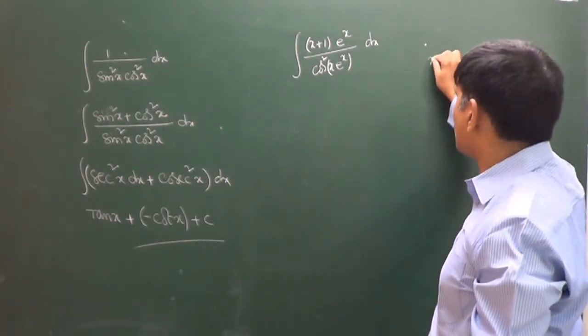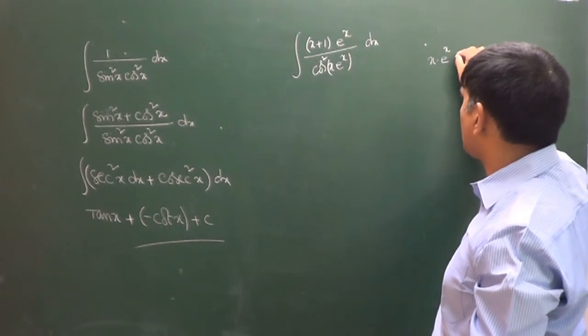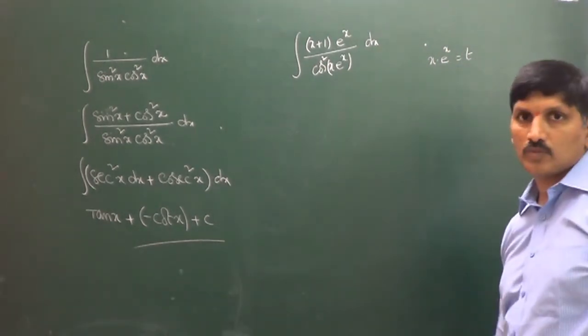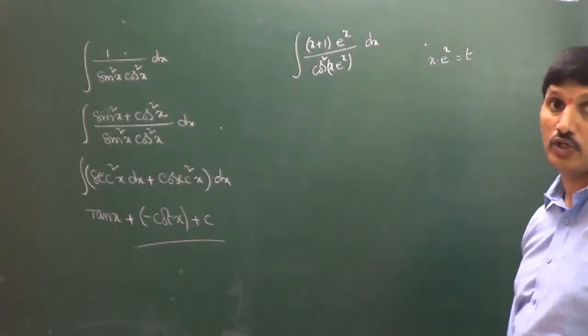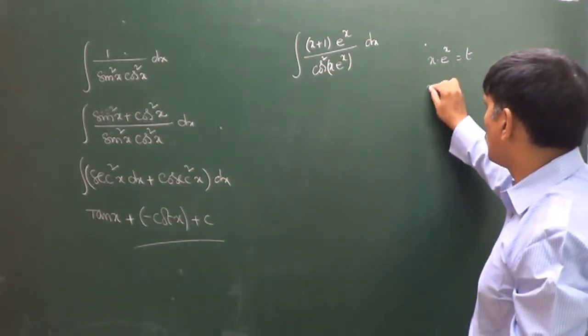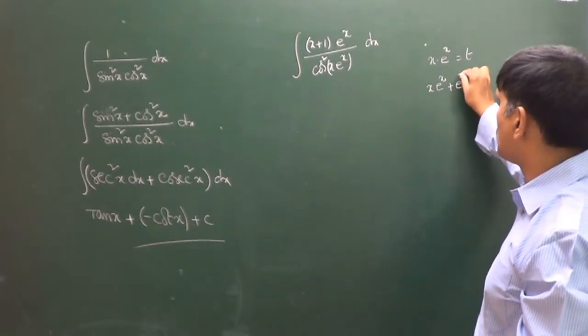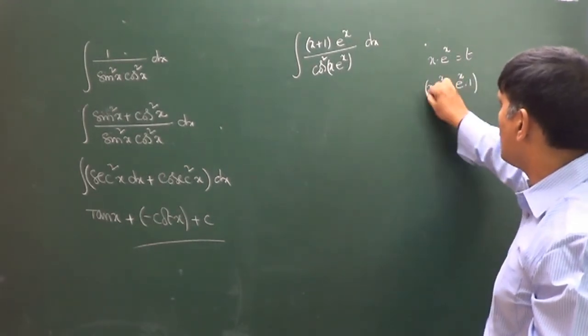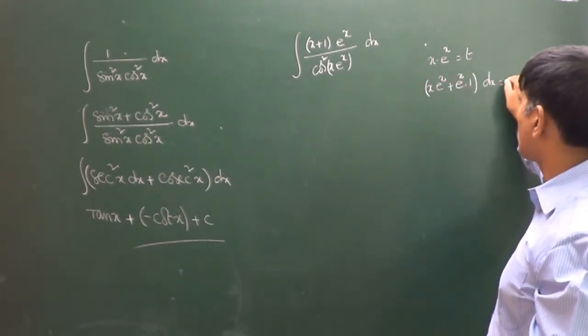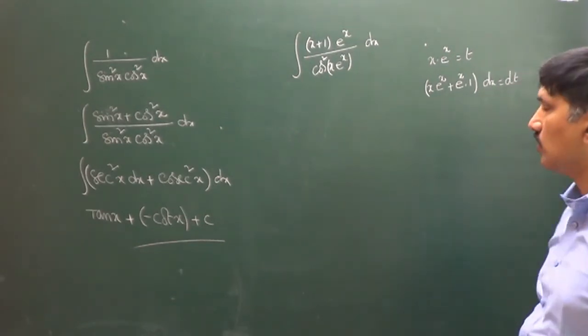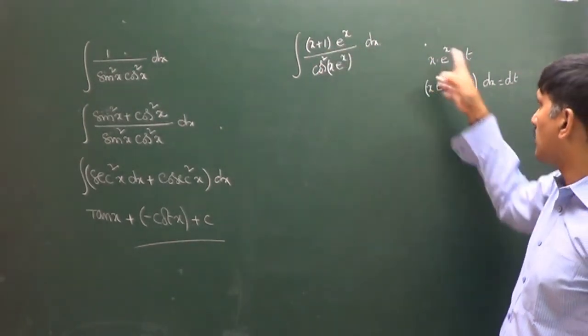Let us take the substitution as x into e power x equals t. Now you know the differentiation by the u-v rule. X into e power x differentiation: e power x plus e power x into x differentiation 1, into dx equals dt. Now the entire numerator is becoming dt.